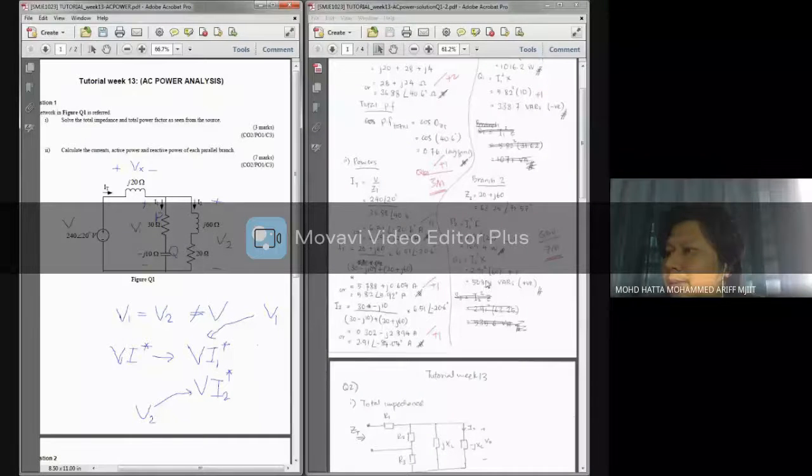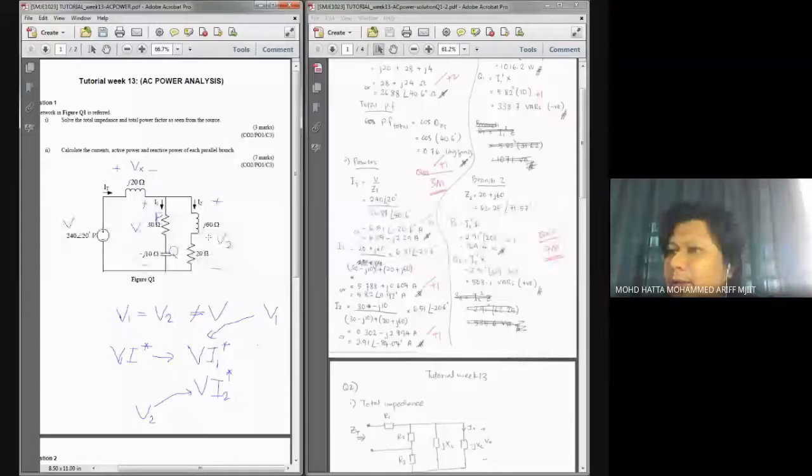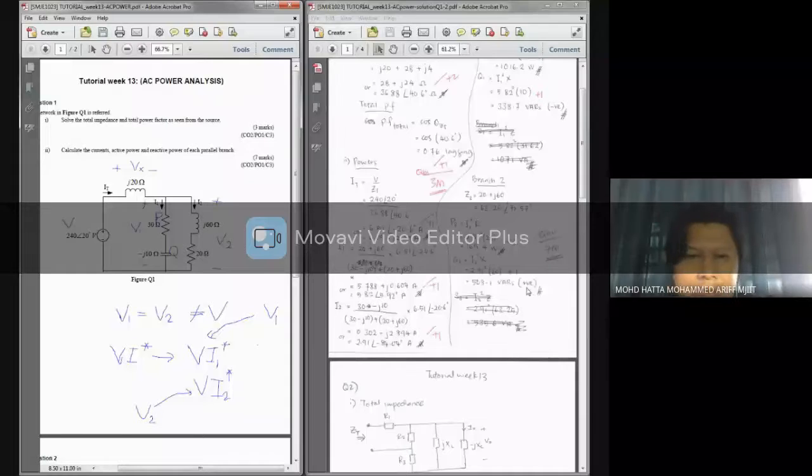And as I mentioned just now about the sign of our reactive power, this is according to the element in the circuit. Since we have an inductor over here, the reactive power should be a positive value. So that's the solution for question number 1.